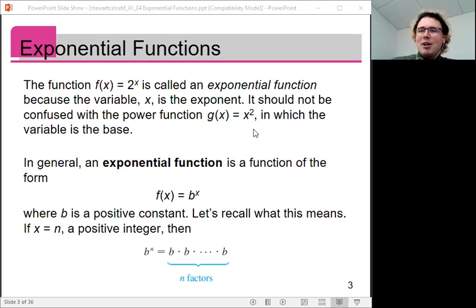We are taking 2, and we are copying that 2 x number of times and multiplying them all together. Or at least that's what I would say if x was a whole number, right? I can copy 2 1,000 times and multiply them all together, and that'll be a number. I'll call it 2 to the power 1,000. That's a little bit easier than actually calculating that out, but it's a number.